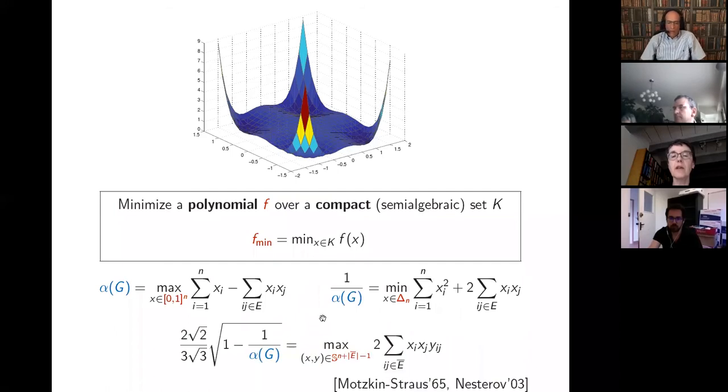And here is yet another reformulation due to Nesterov, which tells how to compute alpha via this formula as maximizing a polynomial of degree 3 over the unit sphere. So from this, we see that as soon as you have nonlinearity, here the objective function is of degree 2 or 3, optimizing over very simple regions like the cube, the simplex, or the sphere, these are already capturing NP-hard problems.